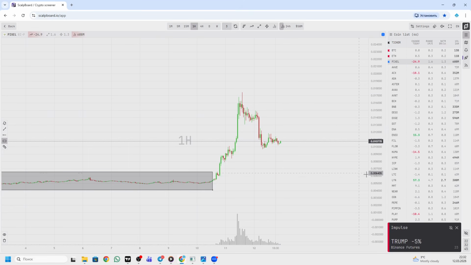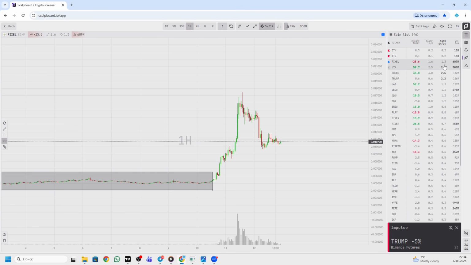So these are 2 main things which you have to look at on the screener: 50 million volume and volatility on 5 minutes not more than 1.7%. And you see over here you can look for it.